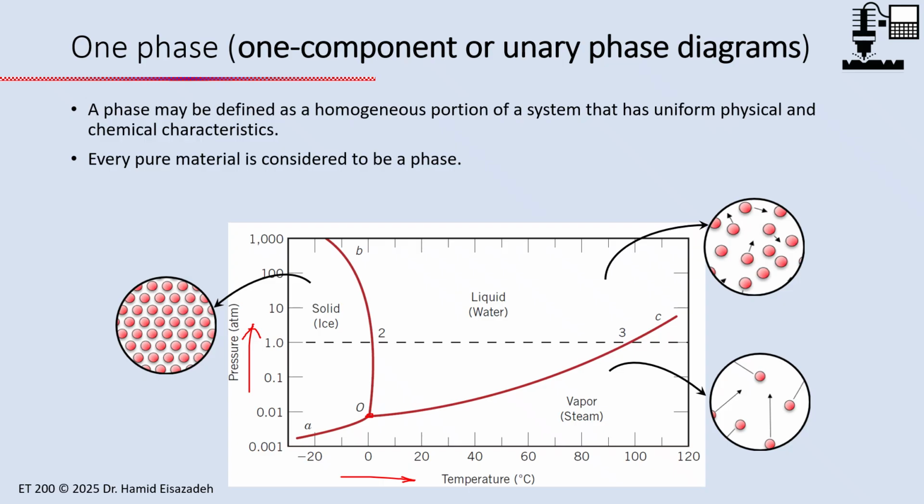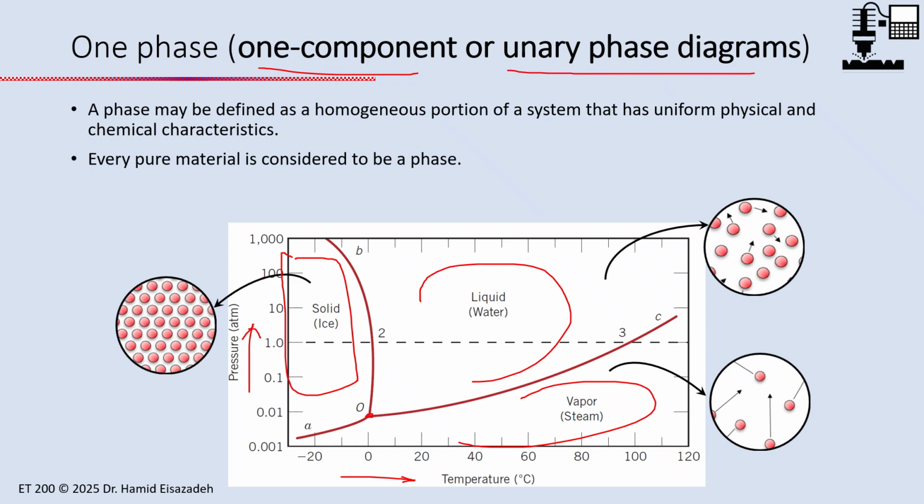Under this line, we have all vapor at different pressure and different temperature. This area, and this area we have liquid, and at a low temperature and high pressure we have solid water, which is ice. This type of phase diagram is called one component or unary phase diagram.